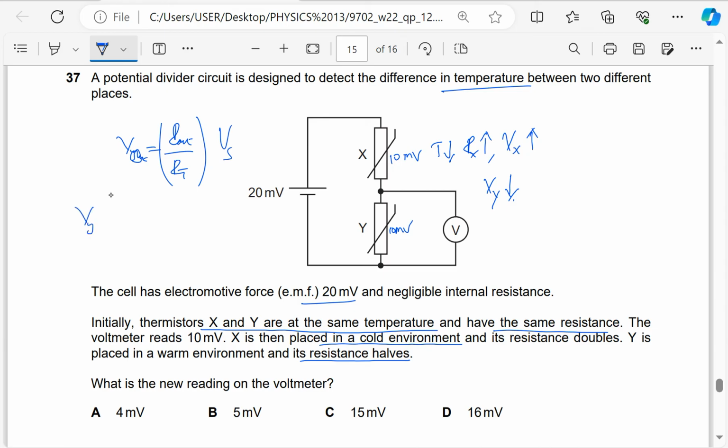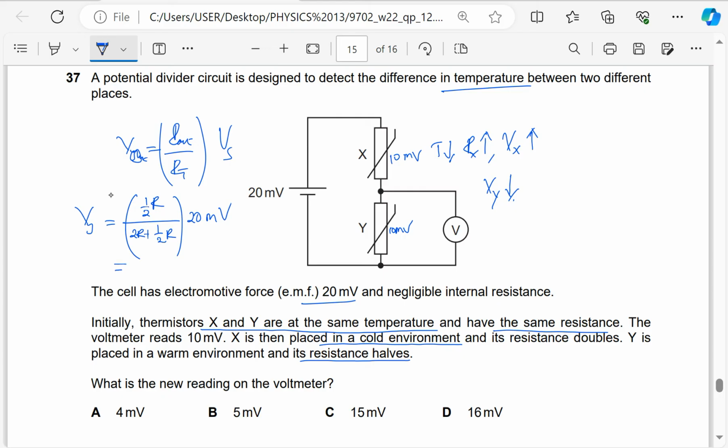The resistance of Y is half, so R out is a half of R. Total resistance is twice R plus a half of R. Then I multiply this by the voltage supply, which is 20 millivolts.